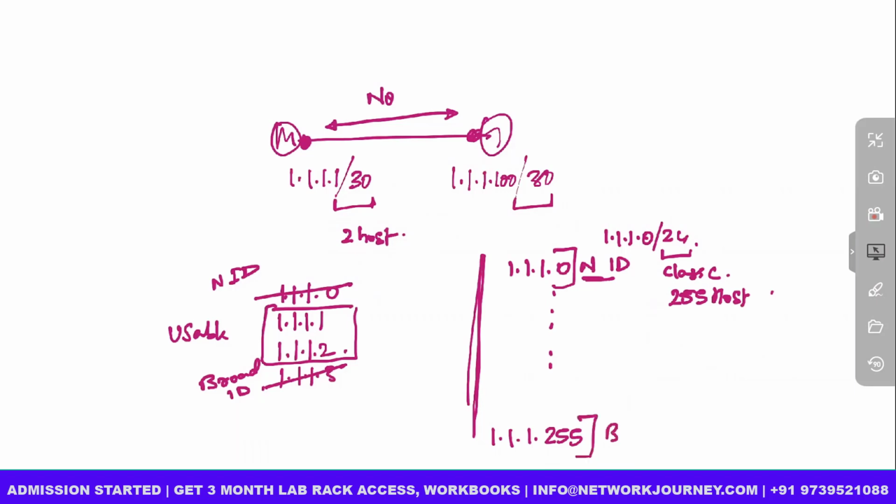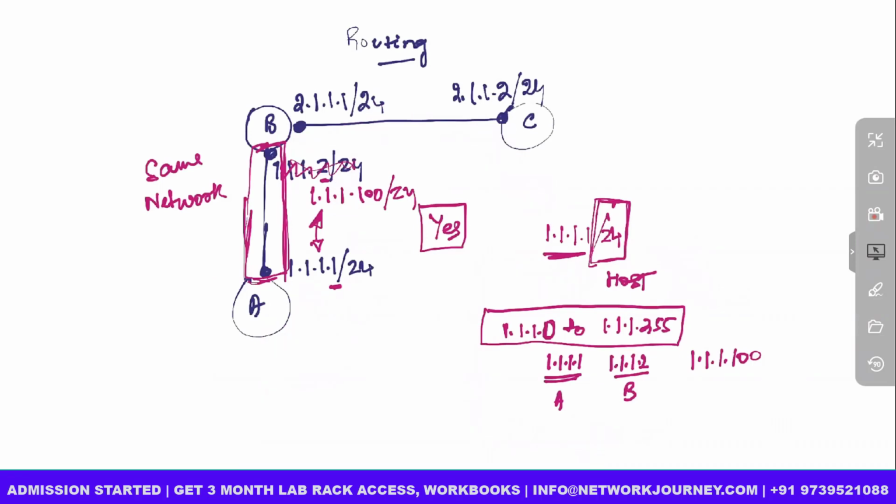And this is the broadcast ID, which you also remove. Now starting with dot one till 254, you can assign it to any PC, any router, any switch, any printing machine, whatever you want. These are the usable IPs. So that is where I put dot one and dot two. They are falling in the same network.